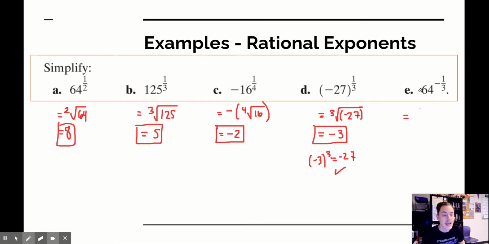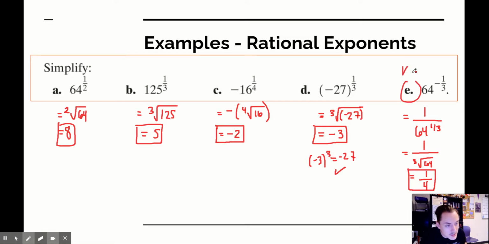This one, what does that mean? Well, it means in the denominator, so 1 all over 64 to the 1/3. Okay? And of course, 64 to the 1/3 power is 1 all over the cube root of 64, which of course is another common one, since the cube root of 64 is 4. Okay, now that's how you simplify that.